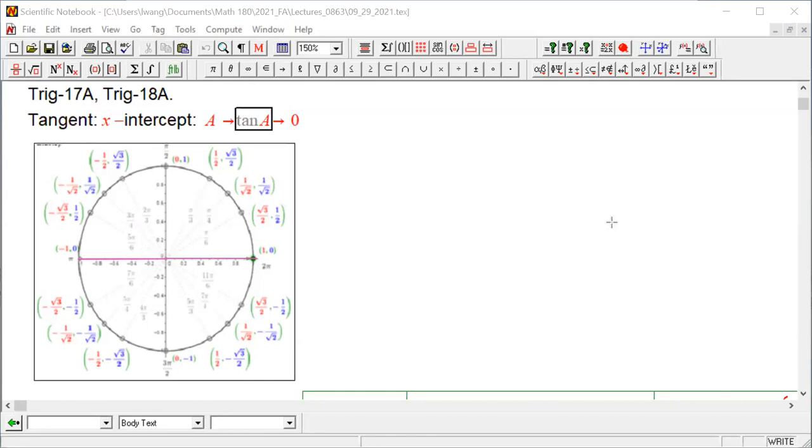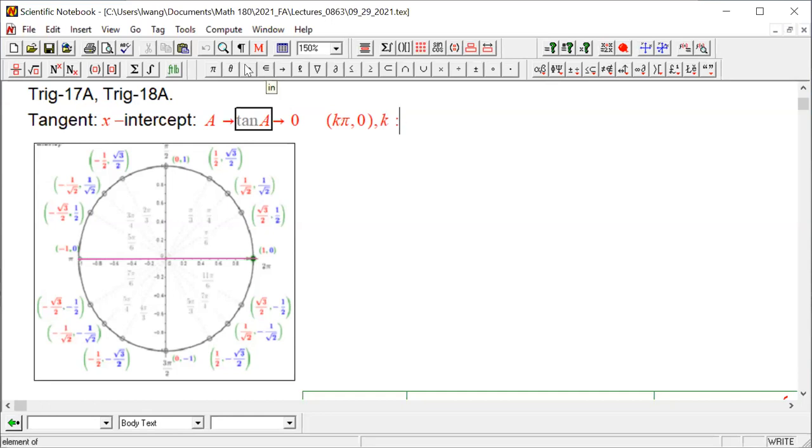So the x-intercepts are what? K pi, comma 0. What is K? K is an integer. That's right.